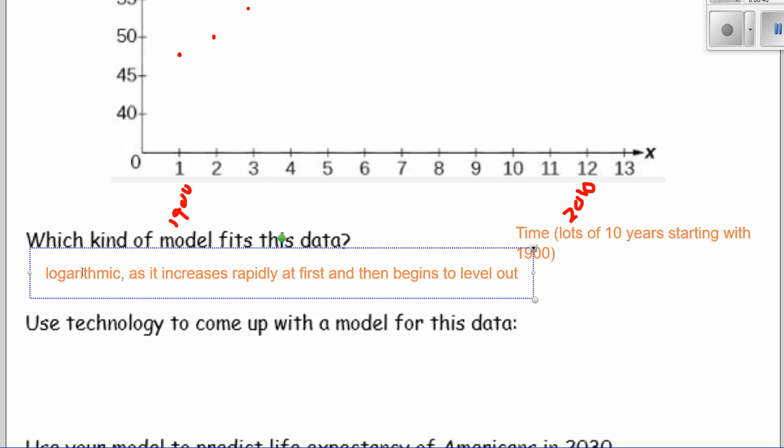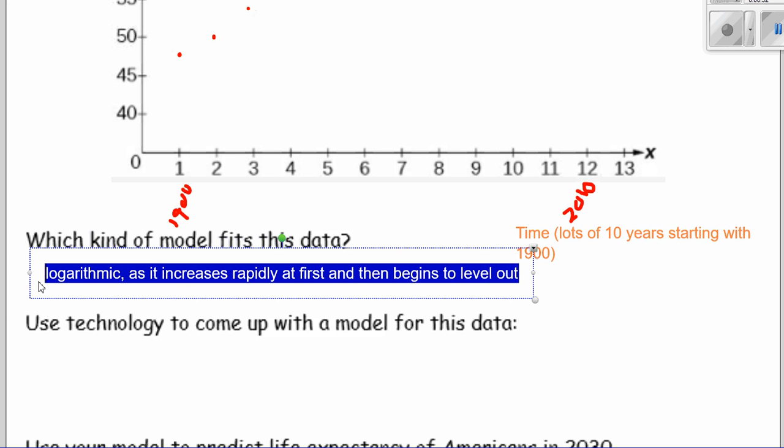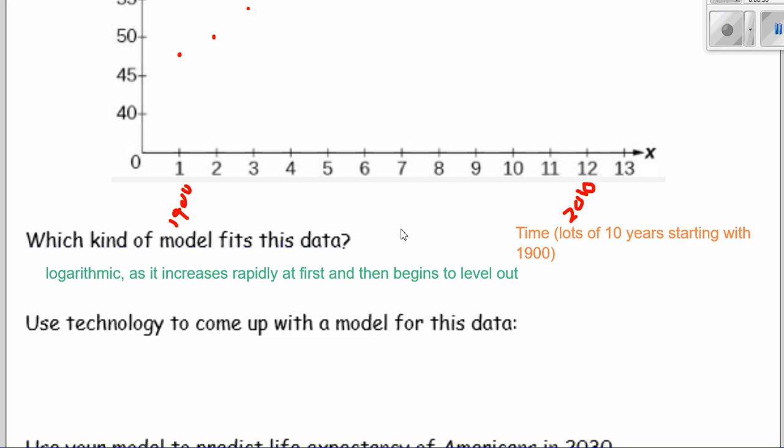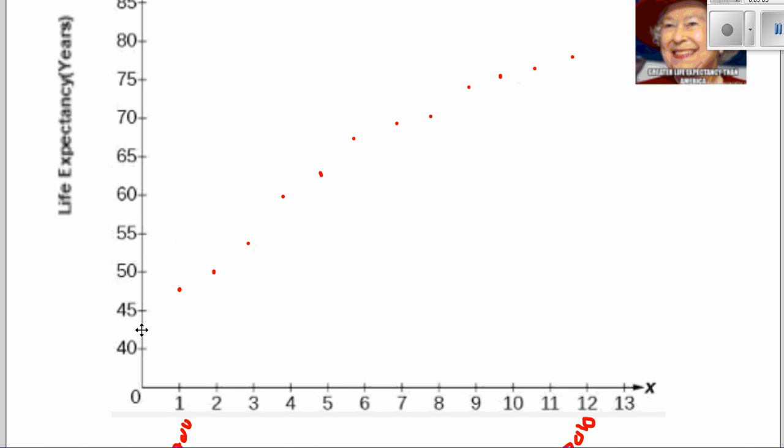Change the color. Okay, so logarithmic as it increases rapidly at first and then begins to level out. Hopefully you agree, judging on what we've got here. So kind of increasing and then leveling out a bit there.